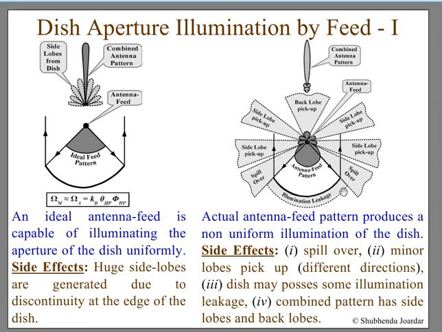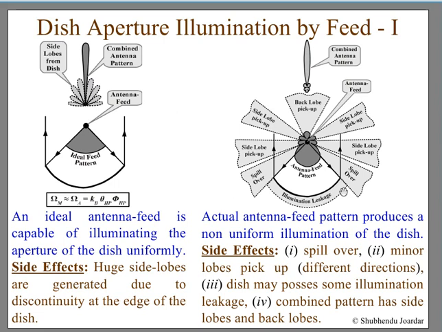Also, the illumination leakage increases with frequency, because the mesh you are using in any antenna should have dimensions at least 20 times smaller than the wavelength, that is lambda by 20. The dimensions of the mesh should be less than or equal to lambda by 20.